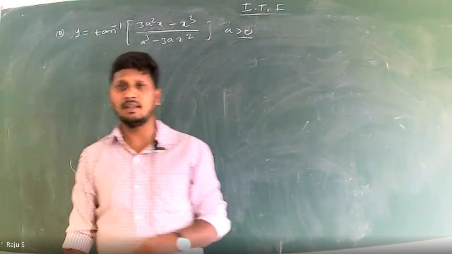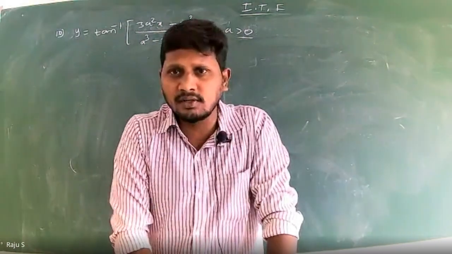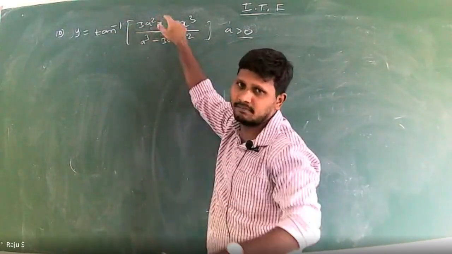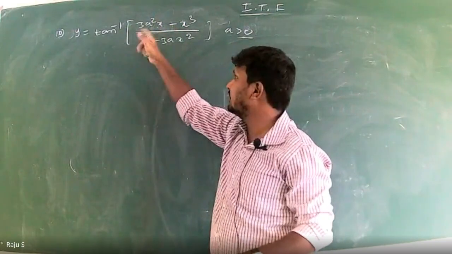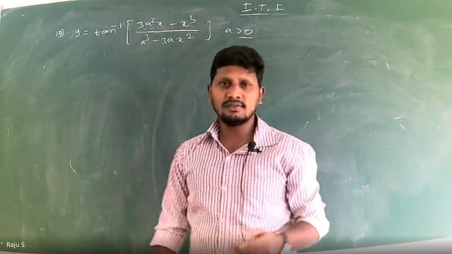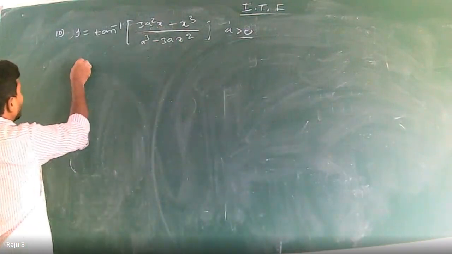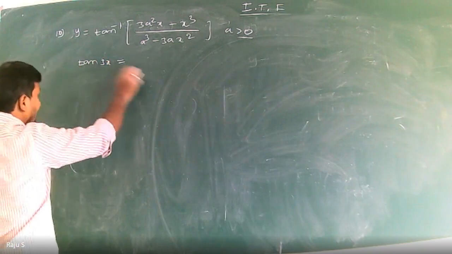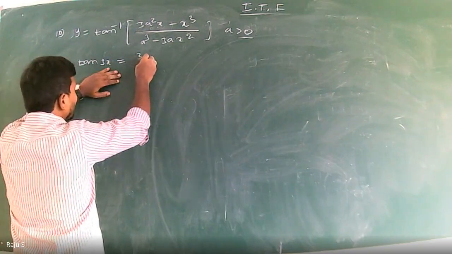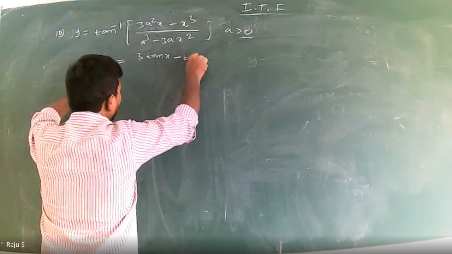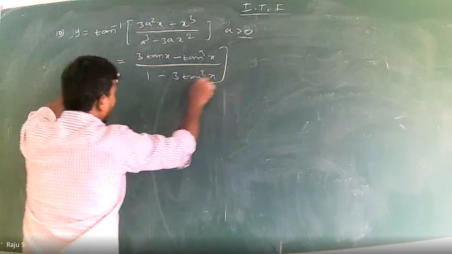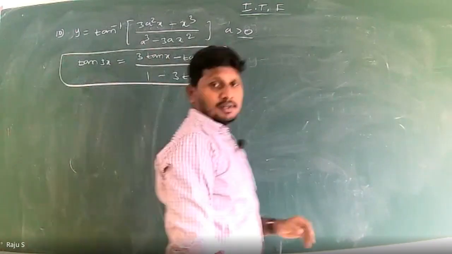Can anyone tell what we substitute here? Simple. Tan inverse is there, so you can make this bracket value in terms of tan. For what value of x will it become tan? What is the formula for tan 3x? Tan 3x is 3 tan x minus tan cube x by 1 minus 3 tan square x. Clear? That is the formula.